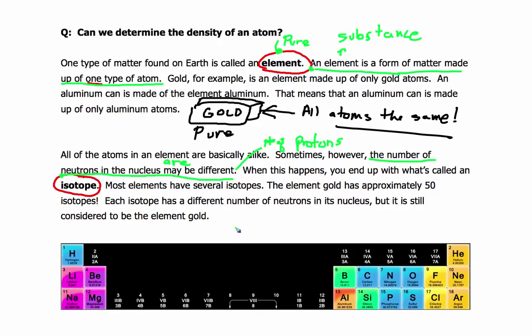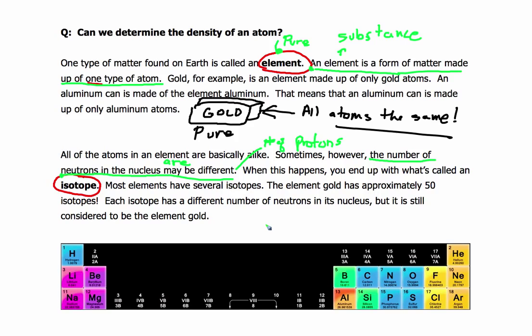So I have here just a little sketch of the periodic table, actually the first three periods of the periodic table, the first three rows or periods. And you as sixth graders will be responsible for having a pretty good understanding of the elements that are listed in the first three periods of the periodic table.